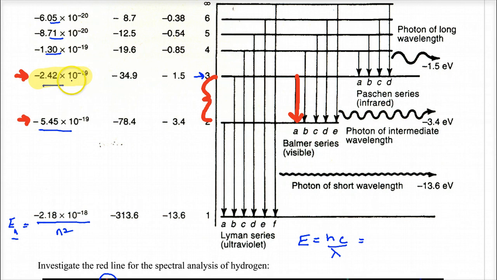Now, since they're both 10 to the 19, it's just subtracting 5.45 and 2.42. So you put that in the calculator, 5.45 minus 2.42, and you get 3.03, times 10 to the negative 19 joules. And that is the difference in energy between his energy levels, and that is exactly the energy of a photon.